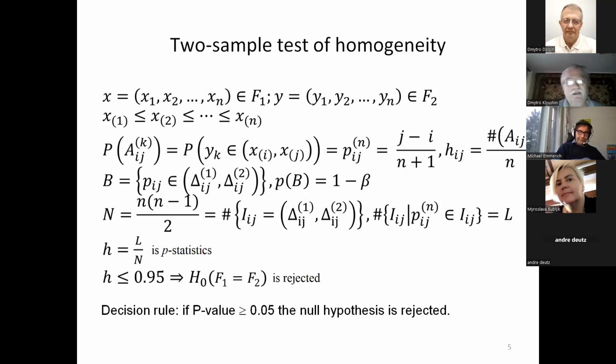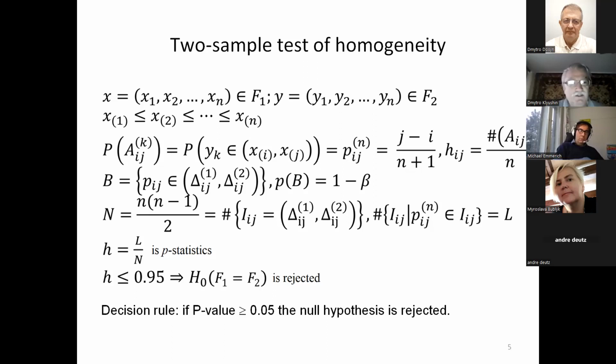So we can simply compute the relative frequency of such events, and estimate how this relative frequency differs from the known probability that is equal to (j minus i) divided by (n plus 1).